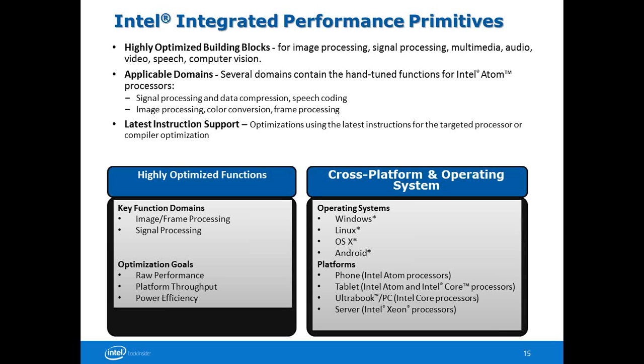IPP is supported on Atom, Intel Core, as well as Xeon processors. If you have intense computing functionality within your application, you can always leverage the optimization that is done in the IPP library and take advantage of it.